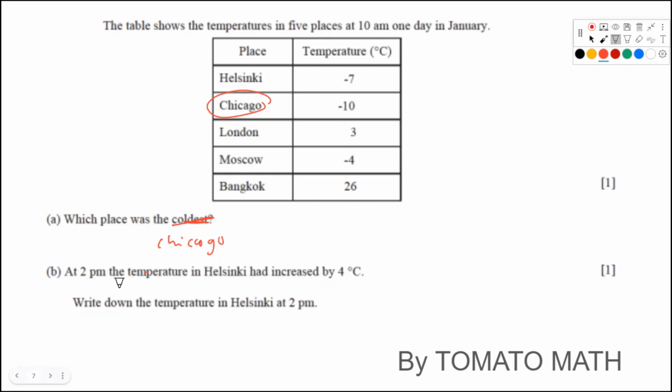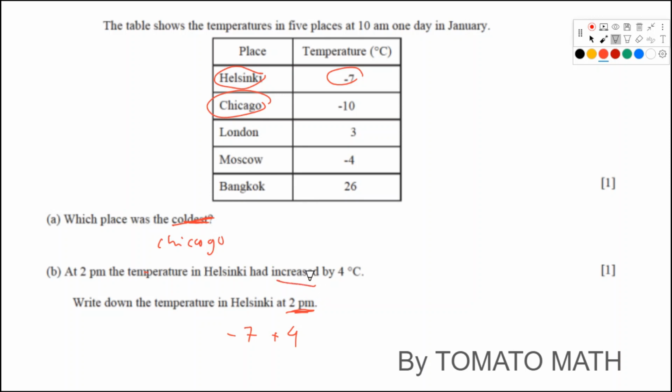And at 2 p.m. the temperature in Helsinki had increased by 4 Celsius. Write down the temperature in Helsinki at 2 p.m. So this is Helsinki, and it was -7, but at 2 p.m. it increased by 4.